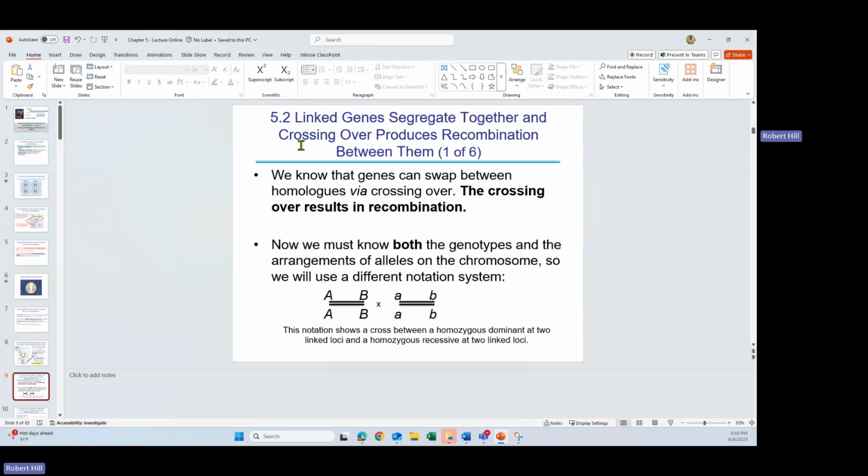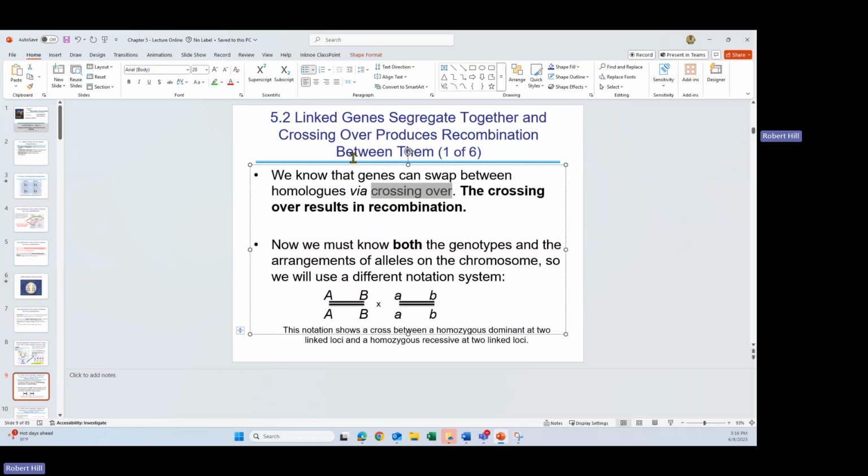All right, so now what can happen, like I stated before, is that crossing over can result in recombination.